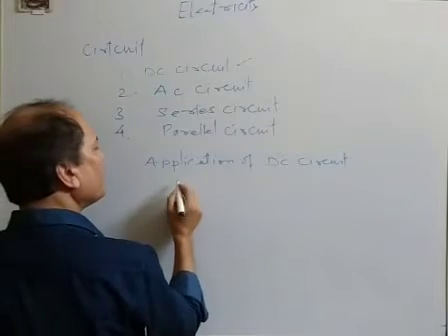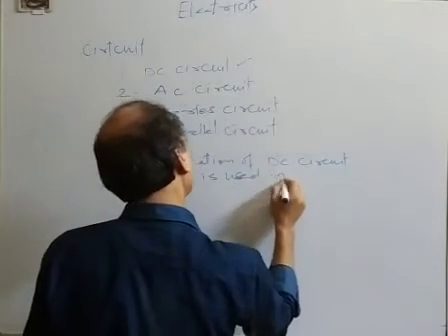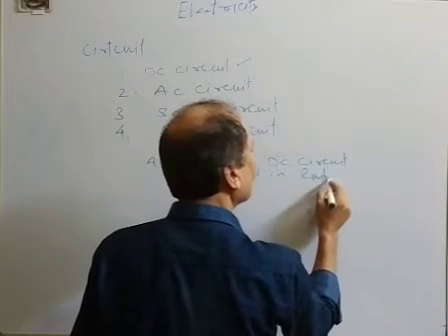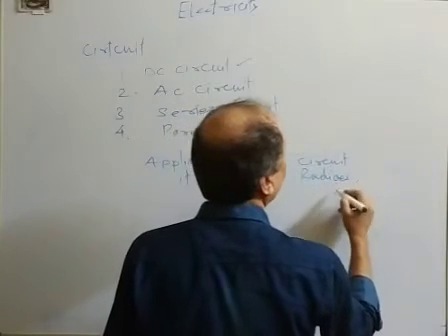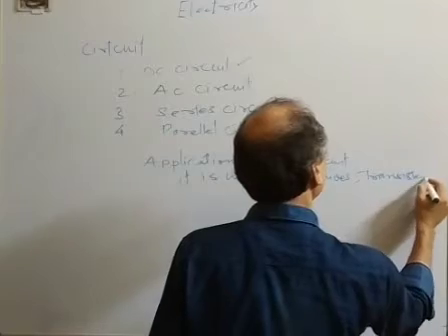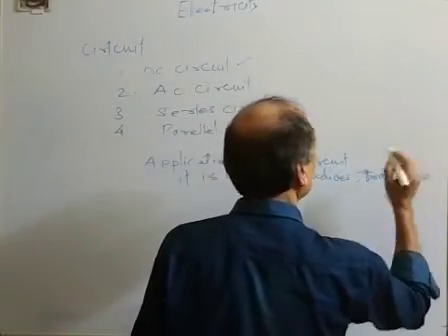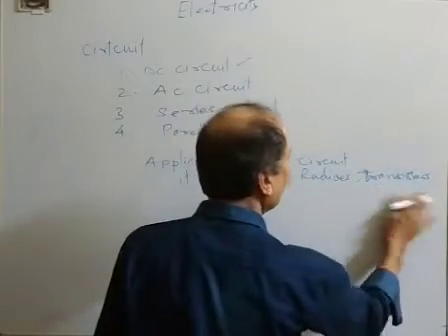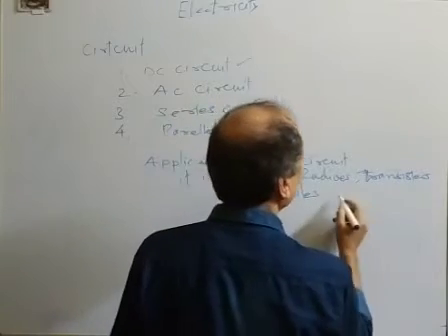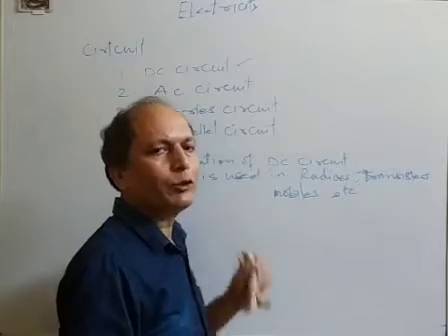DC circuit is used in radios, transistors, vehicles, mobiles, etc. Your power bank is also a source of DC.